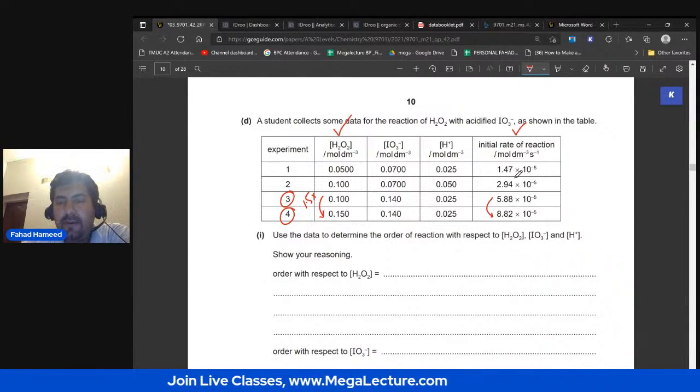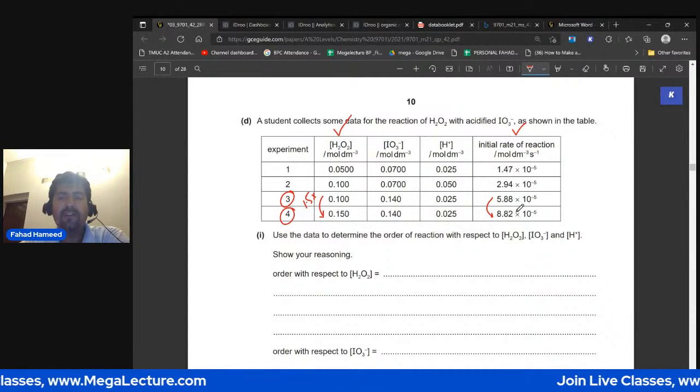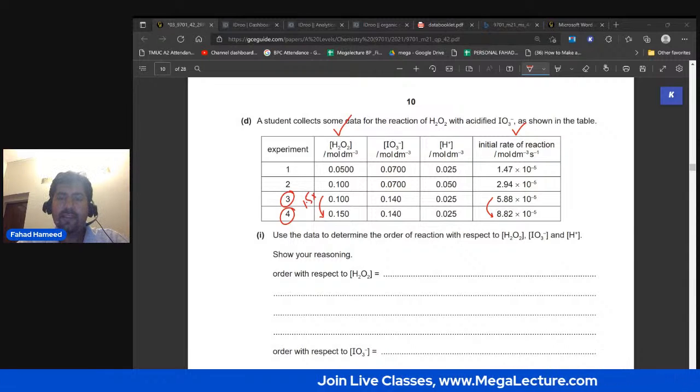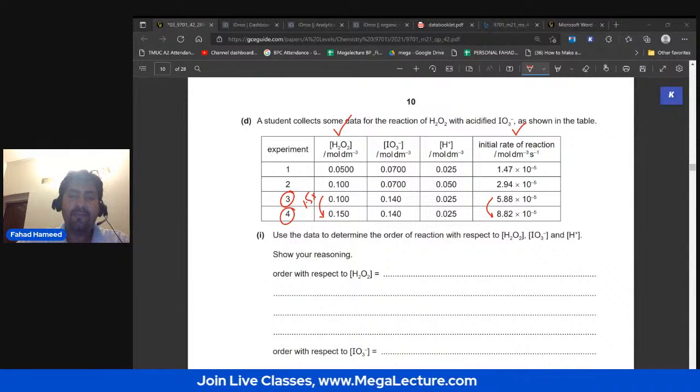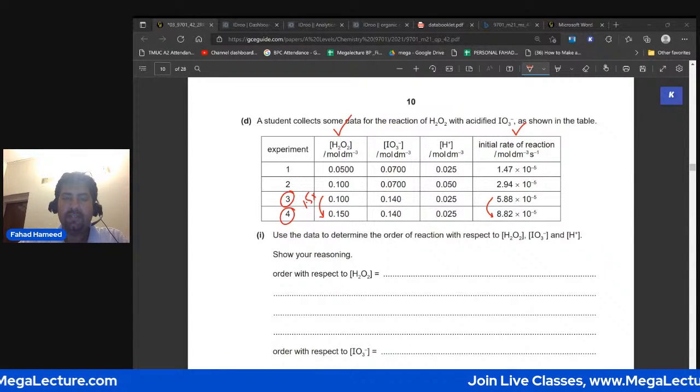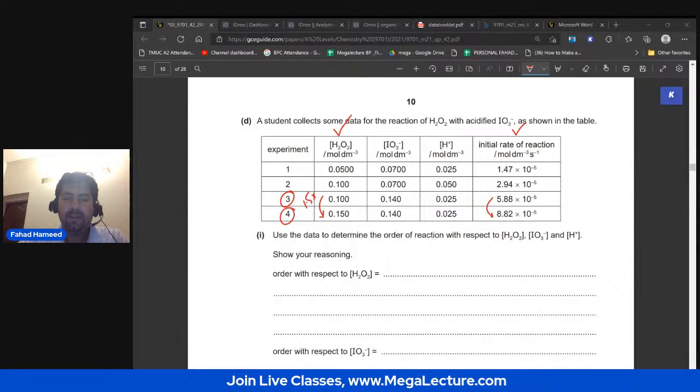Now I'm going to see how the rate changes. I've got 5.88 times 10 power minus 5. It changes to 8.82 times 10 power minus 5. I'm going to use my calculator to figure out the factor of change: 8.82 divided by 5.88.